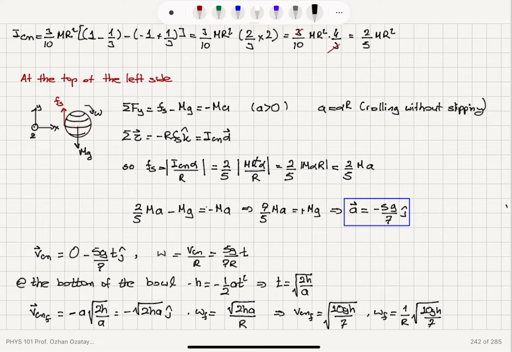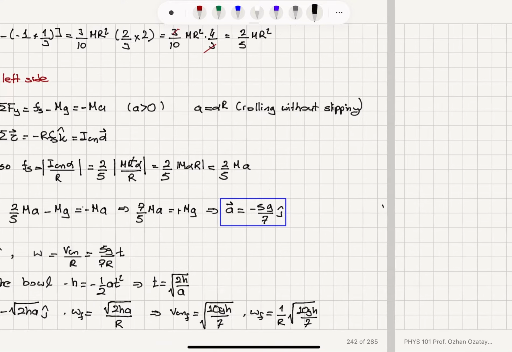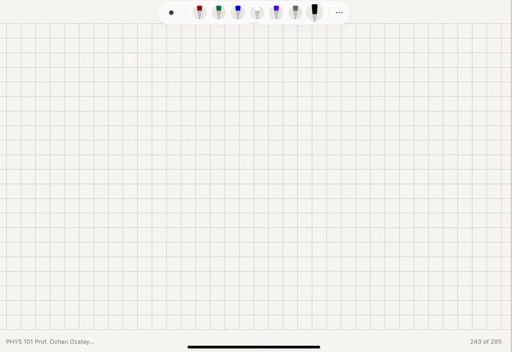Now we can see that we have a final kinetic energy of the marble when we reach the bottom. Final kinetic energy equals 1 over 2 m v center of mass final squared. That is our translational kinetic energy of the center of mass, and rotational kinetic energy 1/2 I center of mass omega final squared.